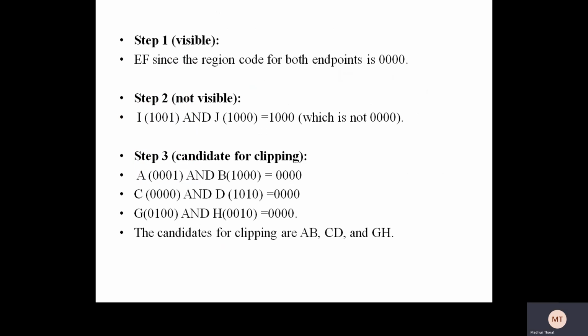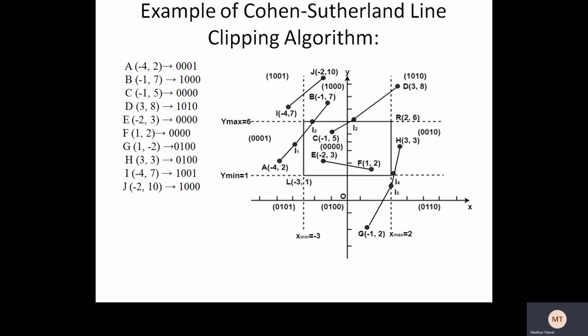So the first step is to calculate the endpoints of each and every line. Then we check whether the endpoints are equal to 4 times 0 or not. See in this figure, E and F are both endpoints of the same line and both have 4 times 0.